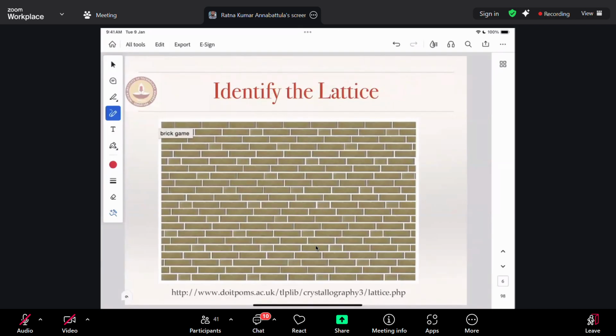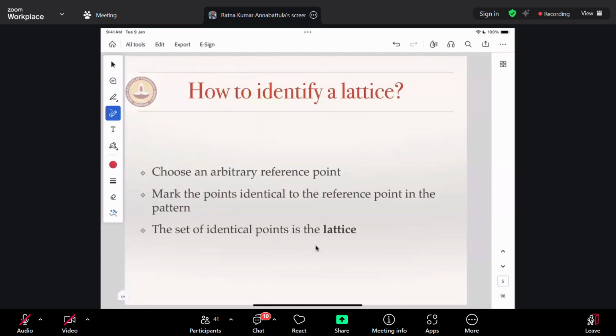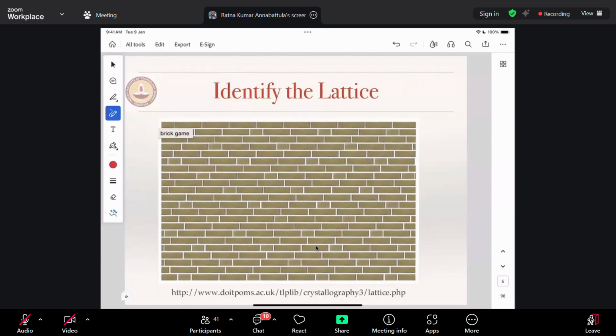Let us observe this brick wall. In this brick wall, what is the guideline to identify a lattice? Choose an arbitrary reference point, any reference geometry you identify. Then start identifying the identical points. So let us say I have identified that reference point. Earlier it was like that, now I have identified that reference point.